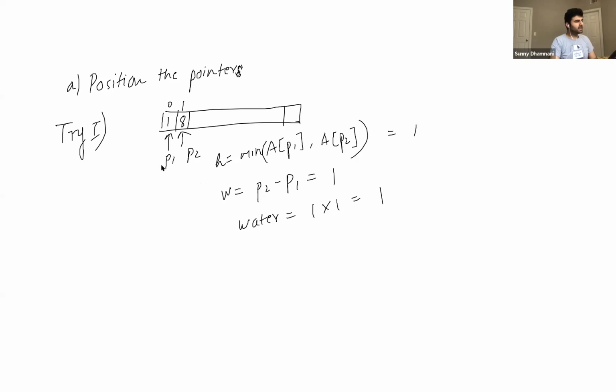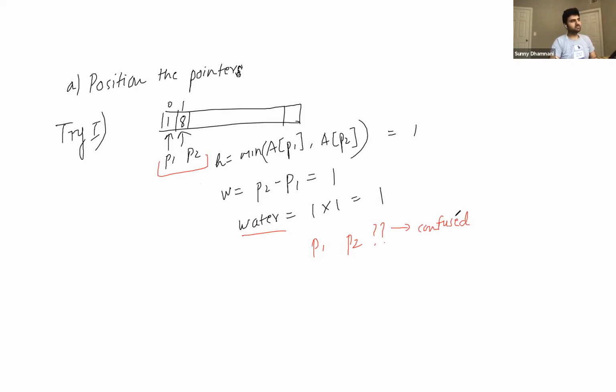Okay, so what I see is I have these two pointers. Now I found the amount of water, but my question is whether I should move P1 or P2. I don't know, right? I can move anything, so I'm in a confused state.